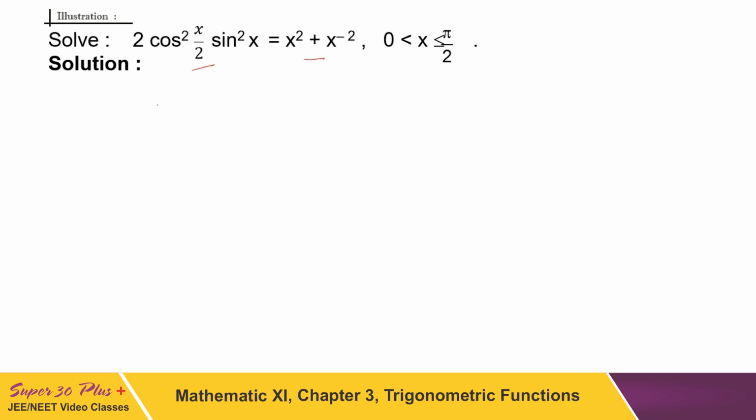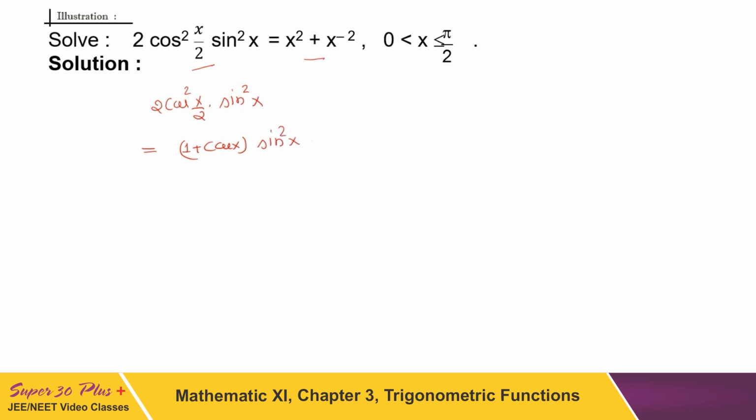LHS can be written as 2 cos square x by 2 into sin square x. We can use the formula here. It will become 1 plus cos x into sin square x.